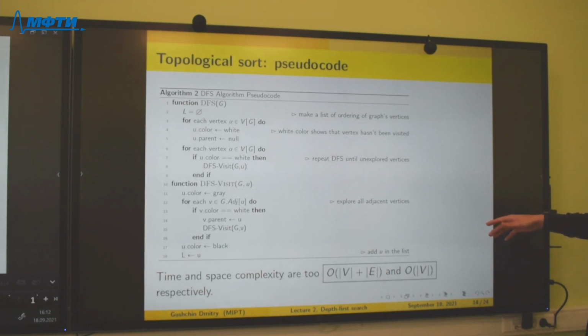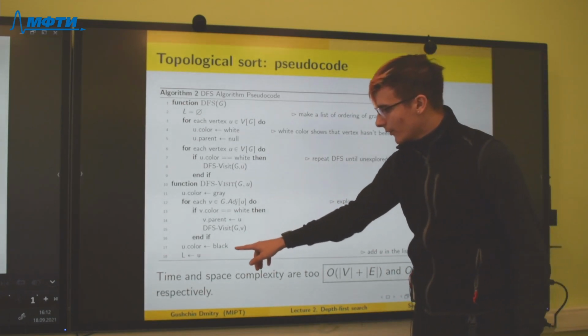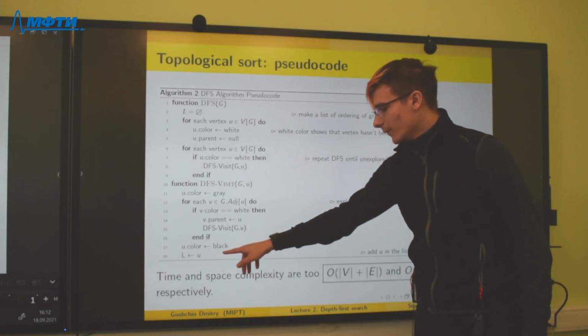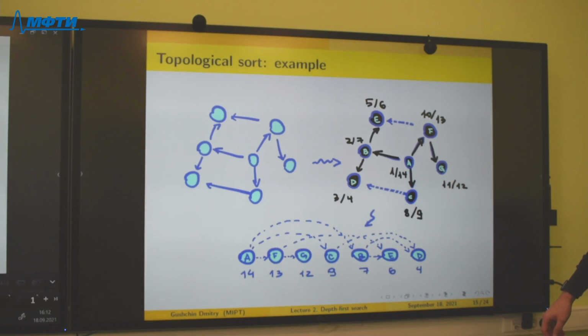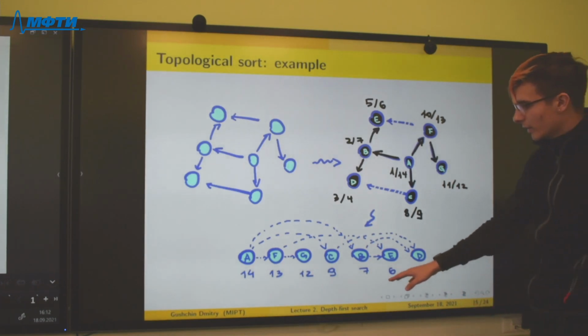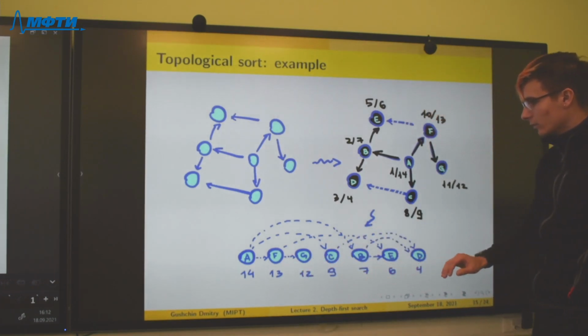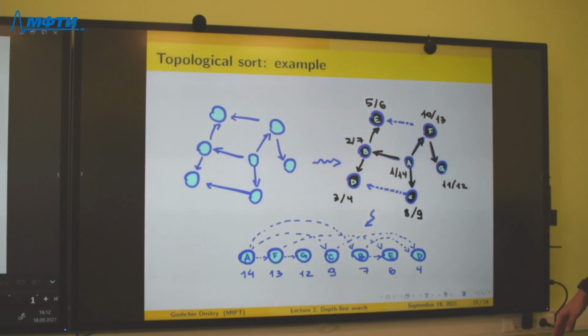So when we finish with vertex U, for example, we push it to the list L. The enumeration of the graph that we have, the order that we set our vertices, is equal to the post order, the reverse order of finish times of the vertices.